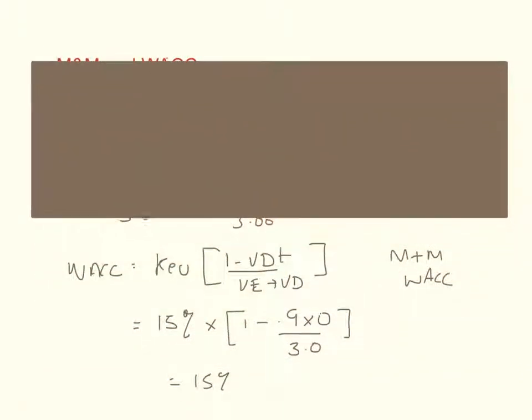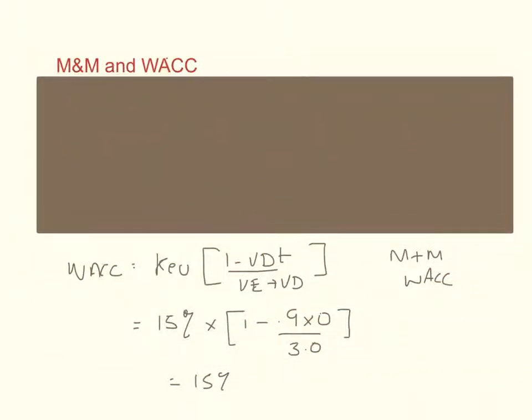As you can see, I've worked that out already underneath. So this is the calculation, weighted average cost of capital, using the M&M weighted average cost of capital formula, slotting in the 15%, which is the cost of equity of the ungeared company, and working this out. Remember, this one was excluding tax.